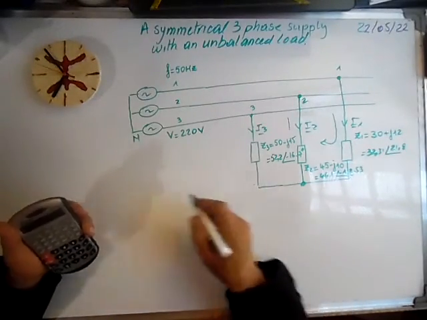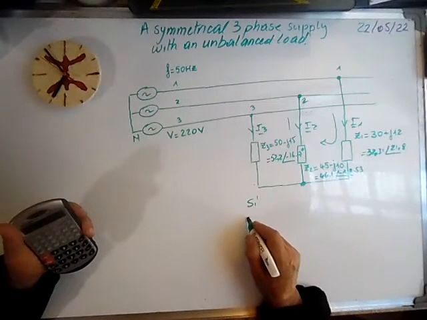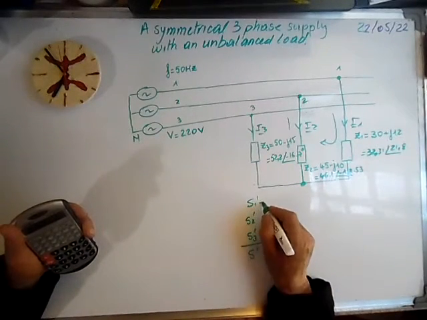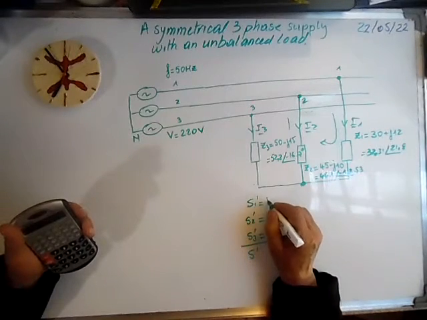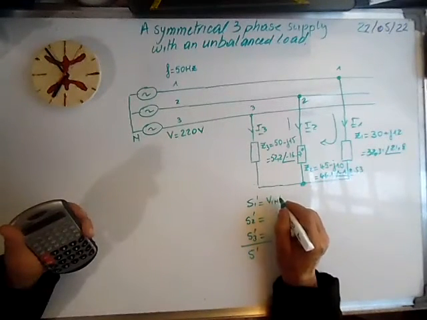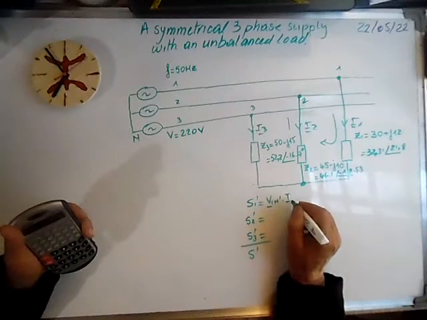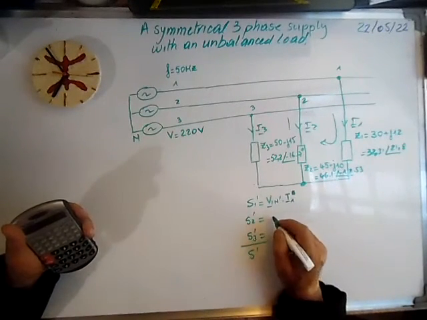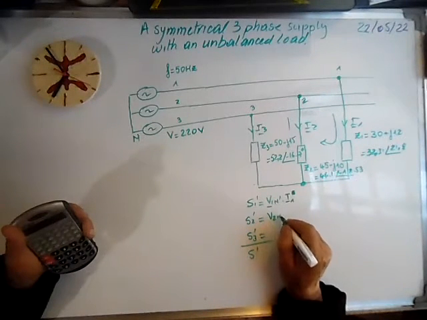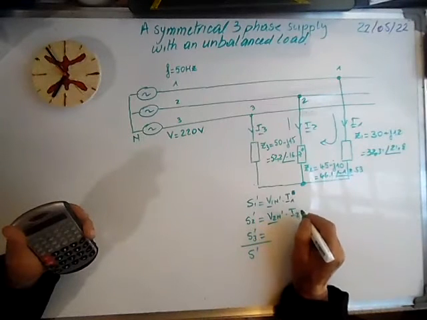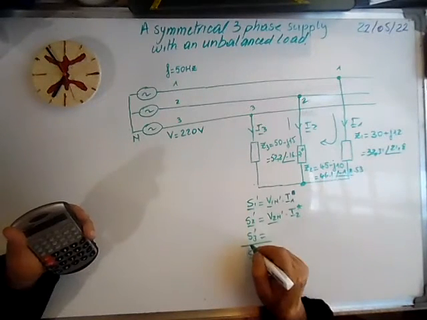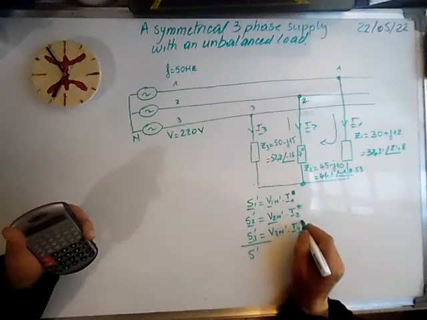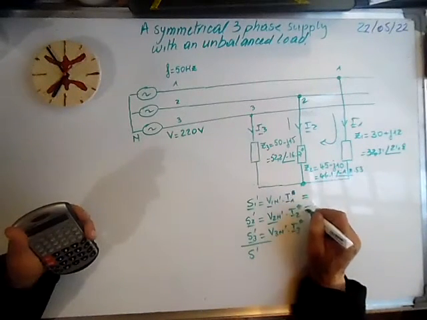We can call these powers S1', S2', and S3', and the total S'. S1' is V1N' times the conjugate of I1, S2' is V2N' times the conjugate of the current I2, and S3' is V3N' times the conjugate of the third current in phase 3.